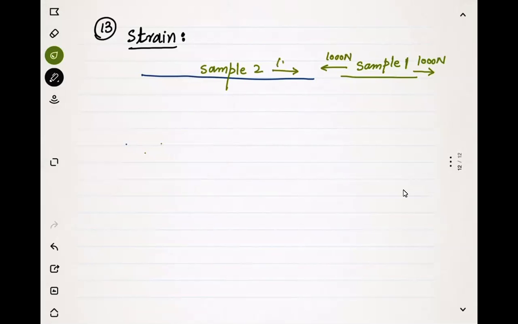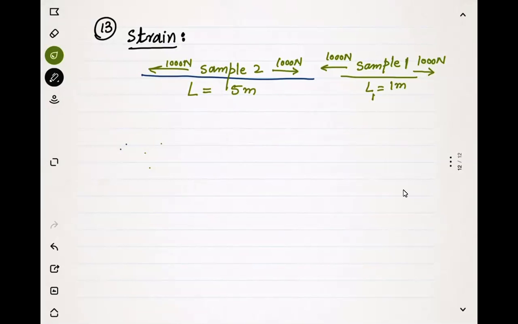On sample two, we are also applying a force of 1000 Newton from both sides. Now let's take the length of sample one as 1 meter, and the length of sample two as, for example, 5 meter. Now you extend them with equal force.